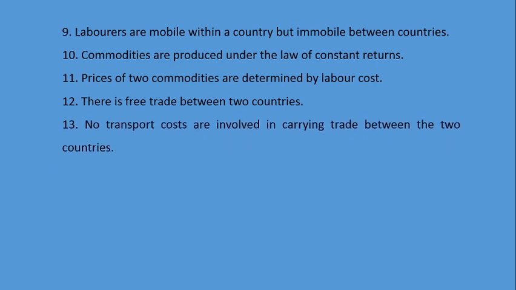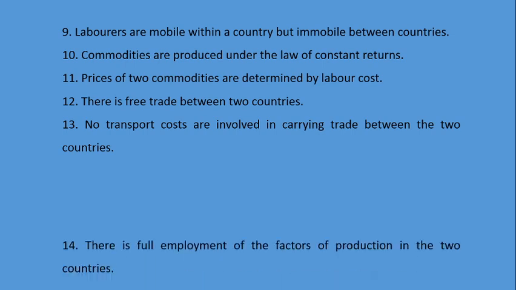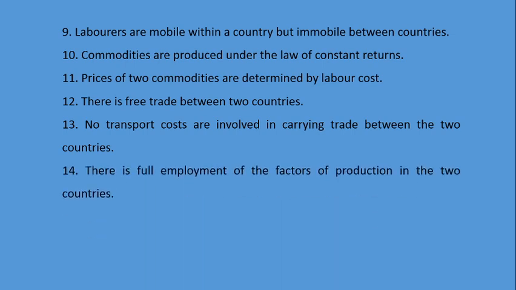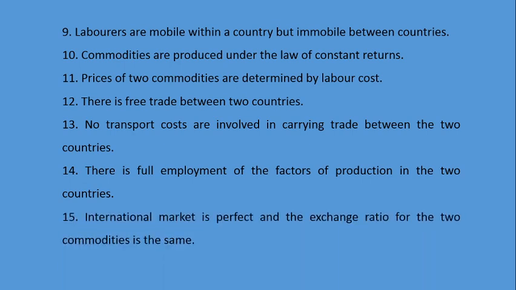No transport costs are involved in carrying trade between the two countries. There is full employment of the factors of production in the countries. The international market is perfect and the exchange ratio for the two commodities is the same.